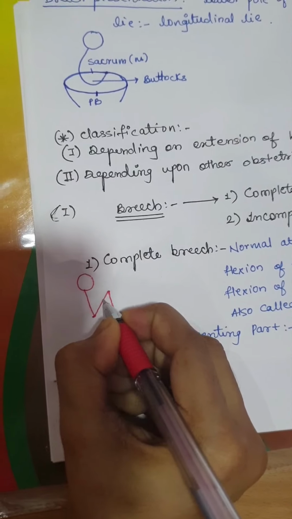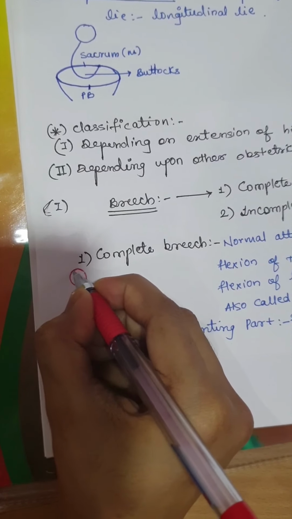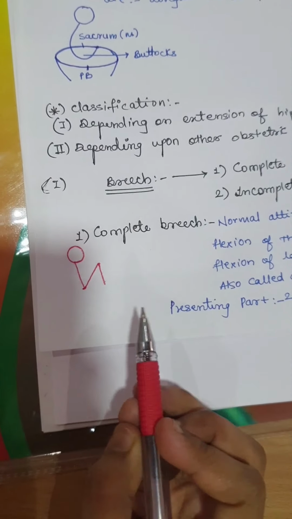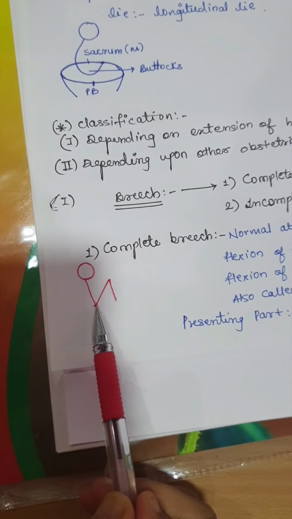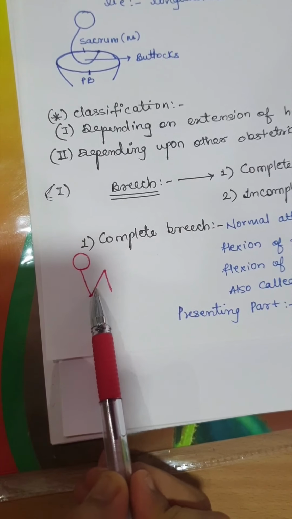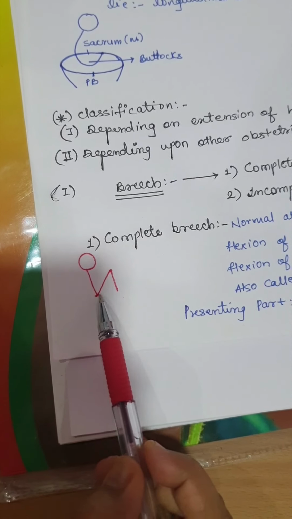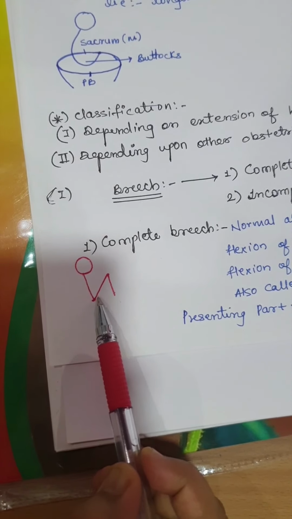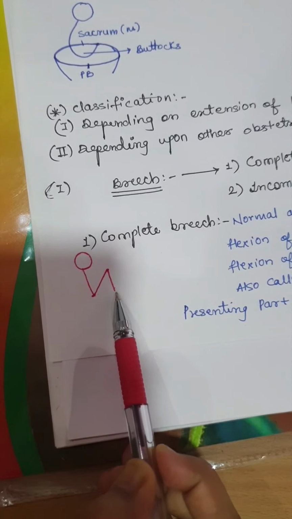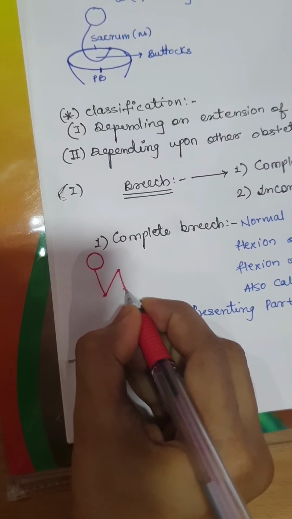There is a flexion of the hip joint and flexion of the knee joint. So the presenting part will be the buttocks, and near the buttocks there will be external genitalia, and we could also have the two feet in the presenting part.